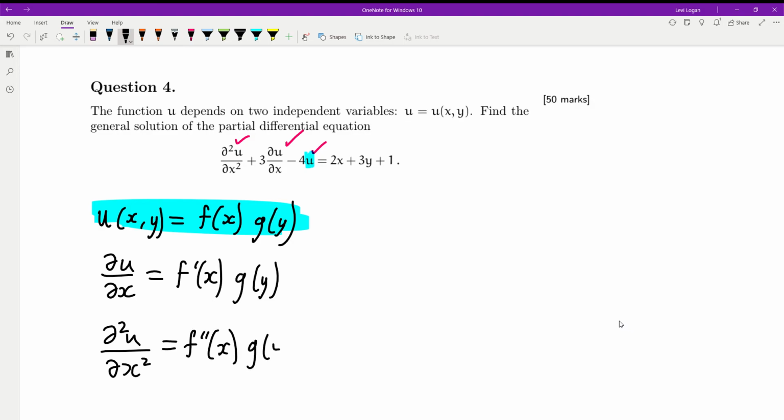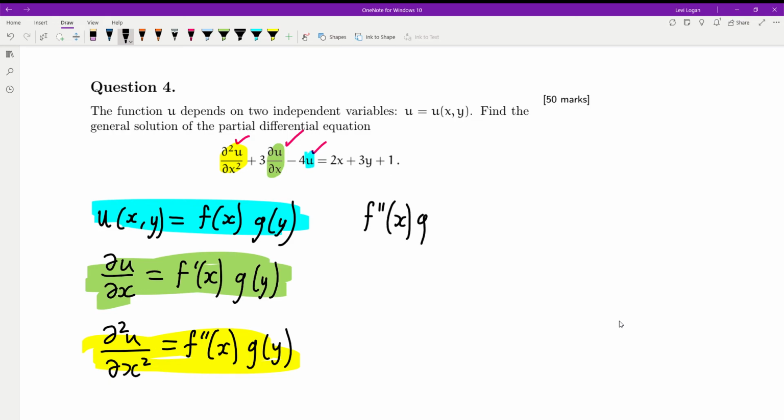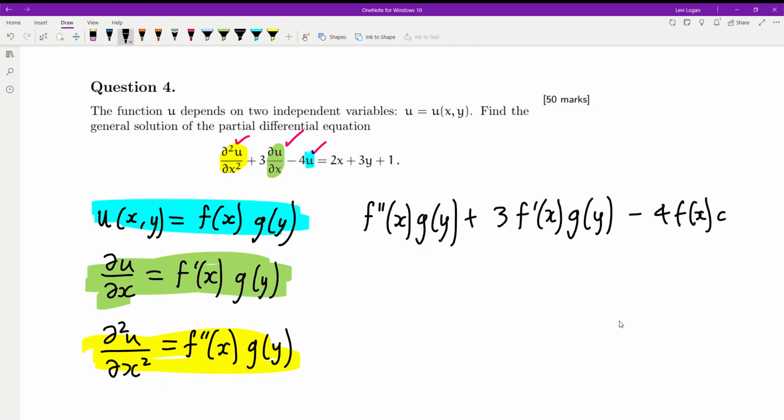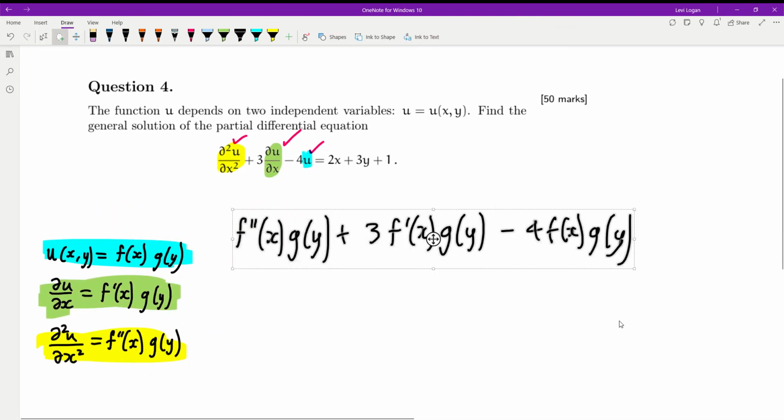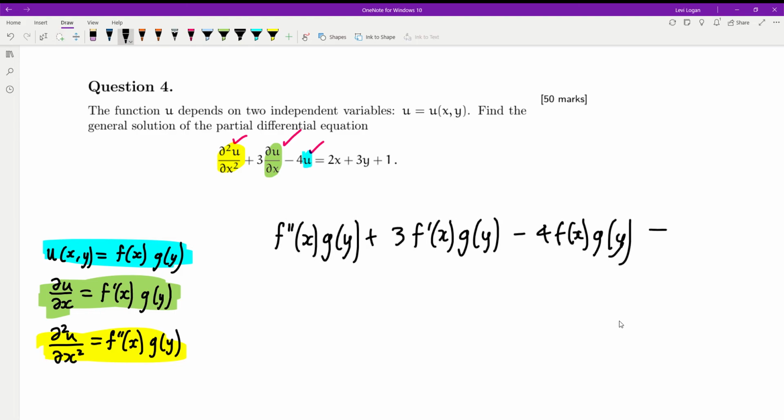Now, when you substitute all this in, not much in terms of the structure is going to change, and I'll show you why in a second. So if I put this all in, we'll have f double dash of x g of y, plus 3 f dash of x g of y, minus 4 f of x g of y, equals 2x plus 3y plus 1.